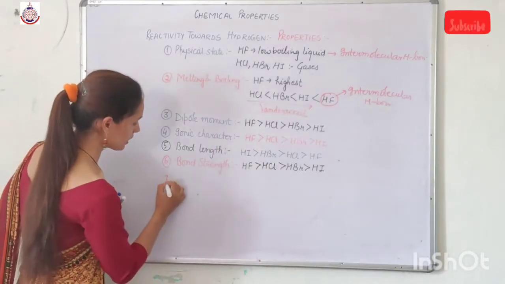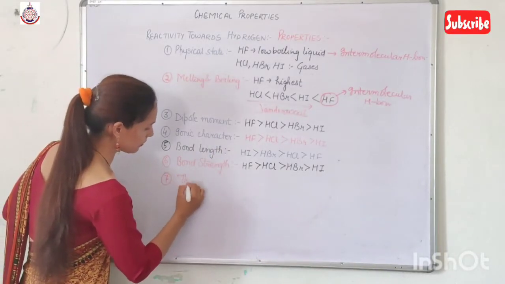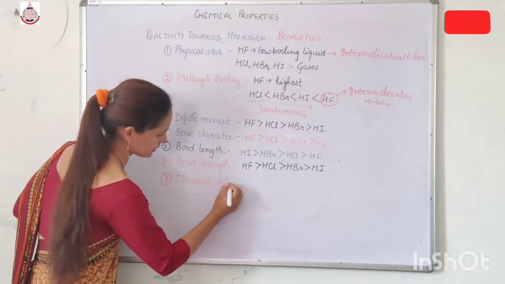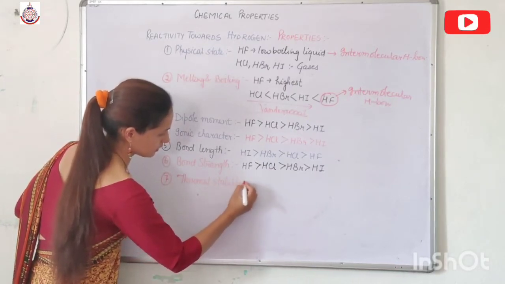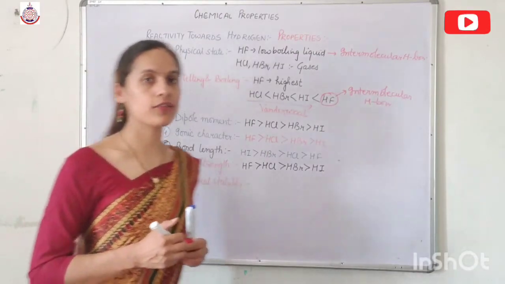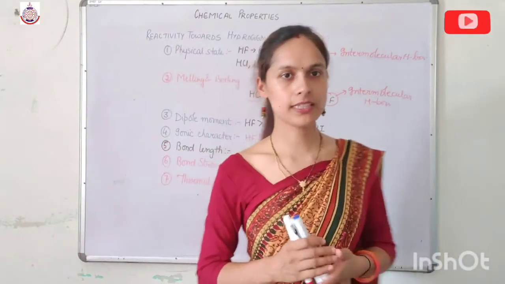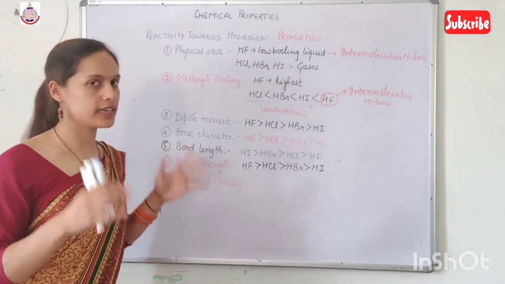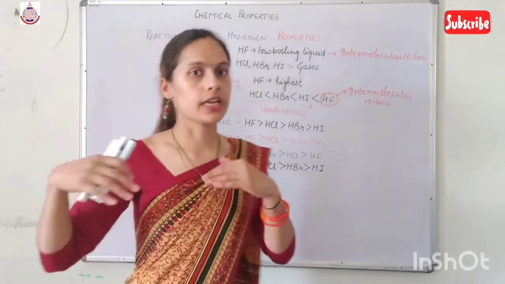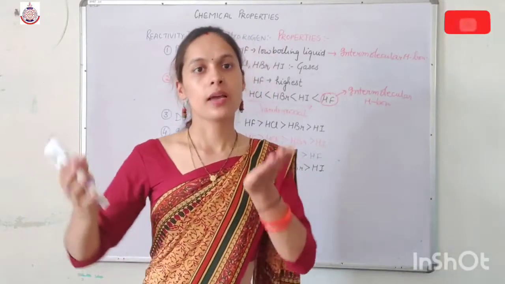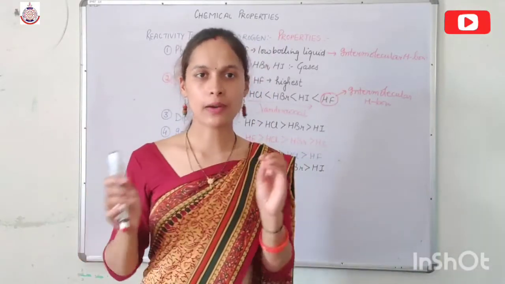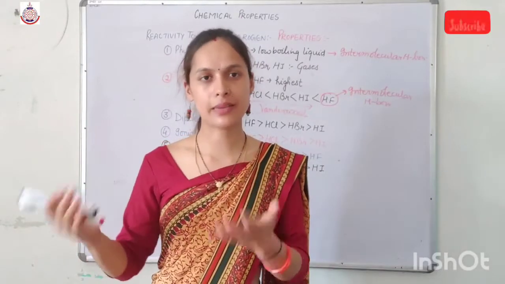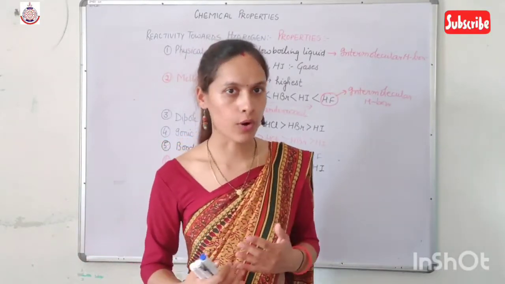Next, seventh is thermal stability. Thermal stability is directly related to the bond strength. The greater the bond strength, the more is the stability of that particular bond; the lesser the bond strength, the lesser the stability of that bond.